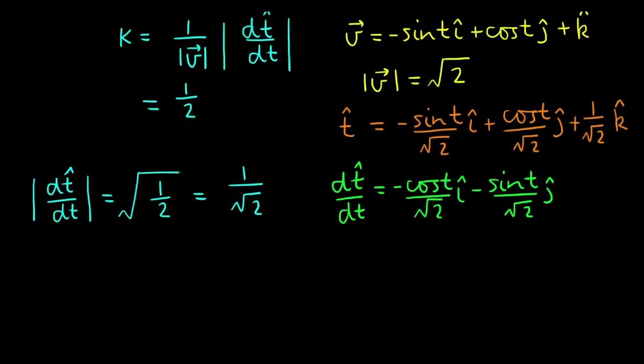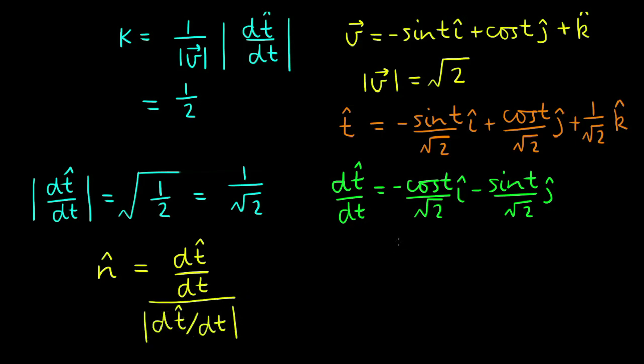And the principal unit normal vector is the derivative of the tangent vector with respect to t on its magnitude, which is equal to minus cosine t on root 2 over 1 on root 2. So the root 2's cancel, and we get minus cosine t in the i direction, and similarly minus sine t in the j direction.